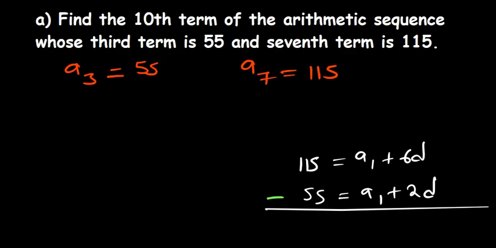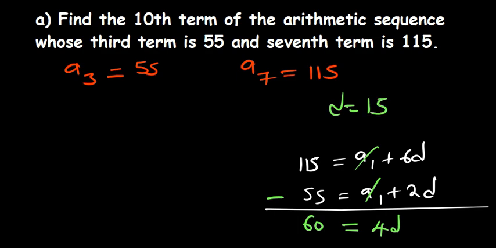You get 60 there. This part will be eliminated. You remain with 6d minus 2d, that's going to be 4d. So divide by 4, and your d becomes 15.